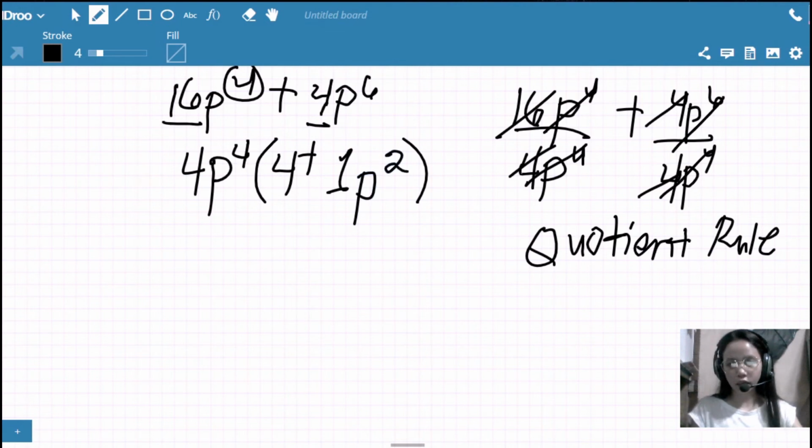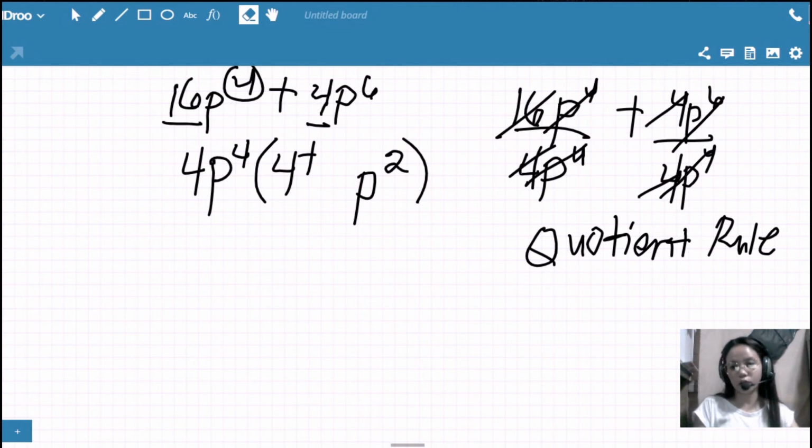And in this term, there is a coefficient of 1. If the coefficient is 1, there's no need for us to write 1 beside it. It's already understood that the coefficient here is 1. So therefore, the factors now will be 4p raised to 4 and 4 plus p raised to 2.